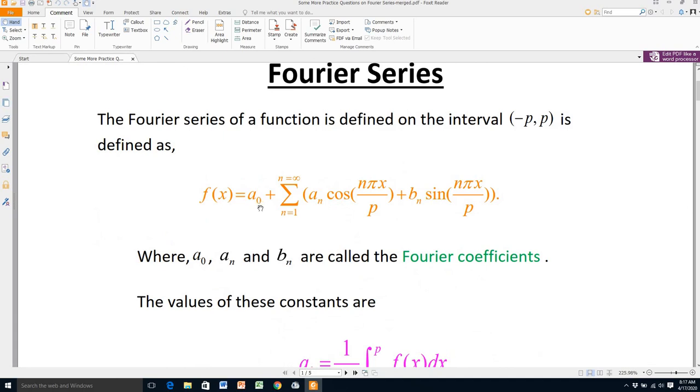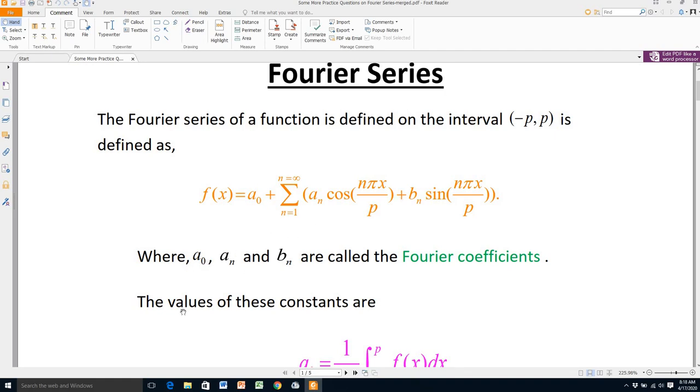F of x is equal to a naught plus the summation from n equals 1 to infinity of a n cos n pi x over p plus b n sin n pi x over p. Here a naught, a n and b n are called the Fourier coefficients.